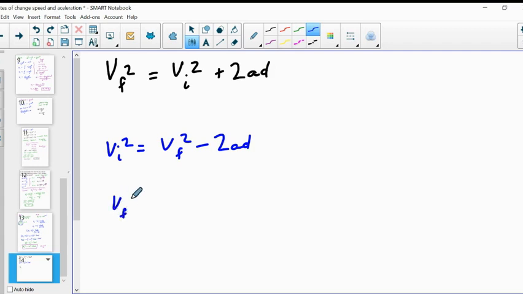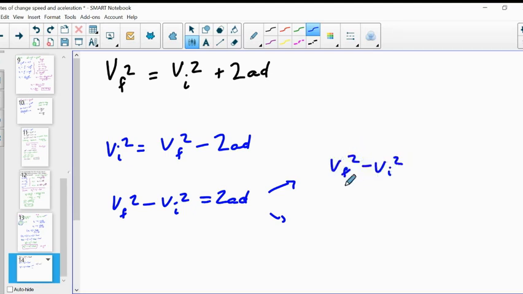I'm going to take my final velocity squared, subtract my initial velocity squared to give me 2ad. And then what I'll do from here is I'll divide that equation, vf squared minus vi squared, by 2a, and that equals d.